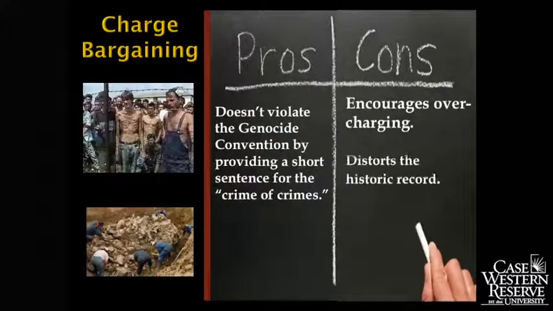Now, another problem is that it can distort the historic record. If you're charged with genocide, as Mladic would be charged, then the idea is to prove through the trial how the government of Mladic and Slobodan Milosevic used genocide to ethnically cleanse the Bosnians, that it was their policy, that it was their strategy, and that this is unlawful, and that this is punished, and that this will deter others.